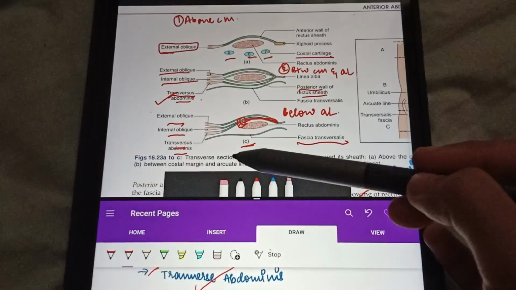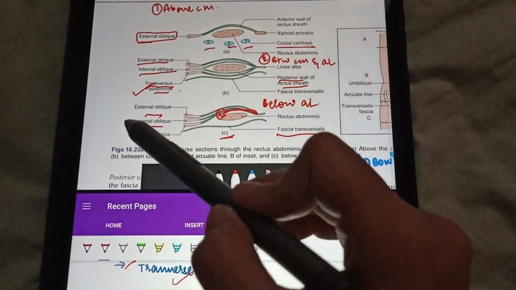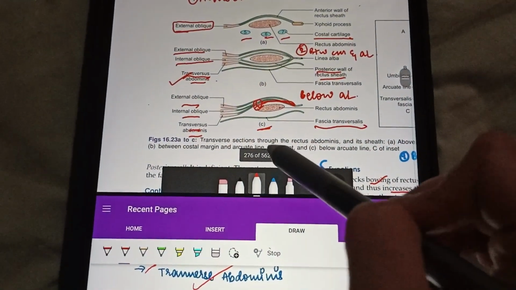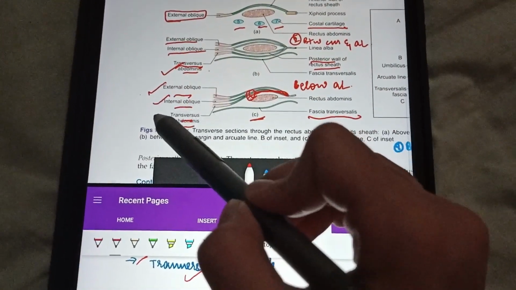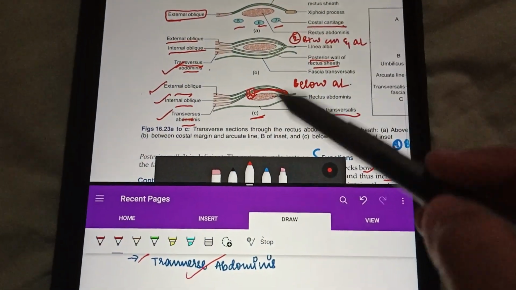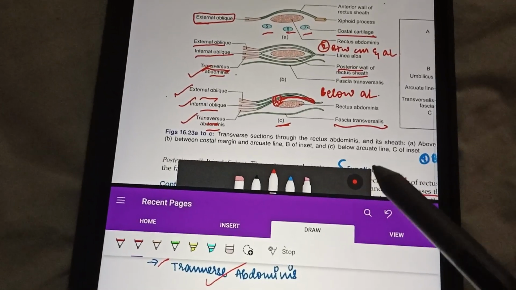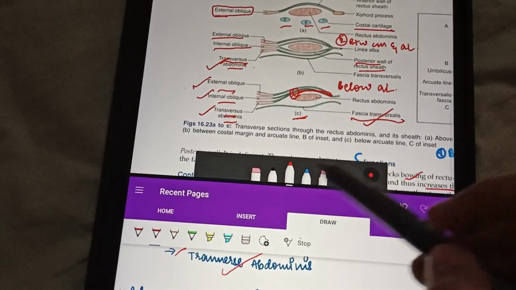Below the arcuate line, it is formed by all three muscles: external oblique, internal oblique, transversus abdominis, and posteriorly it rests on the fascia transversalis.